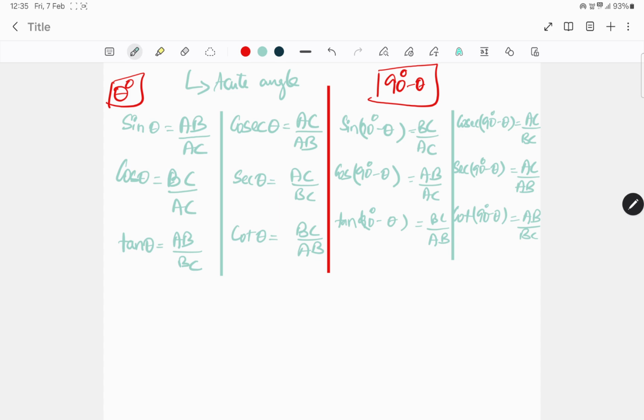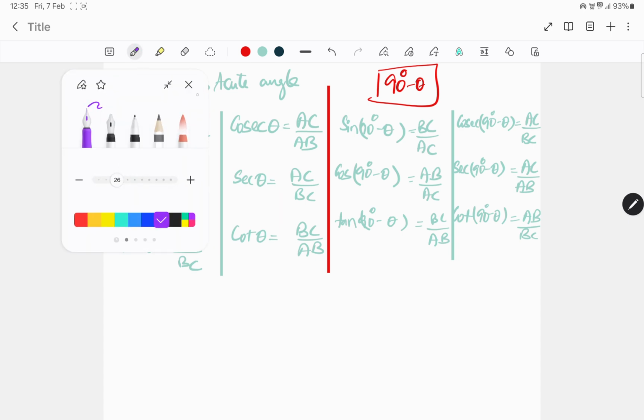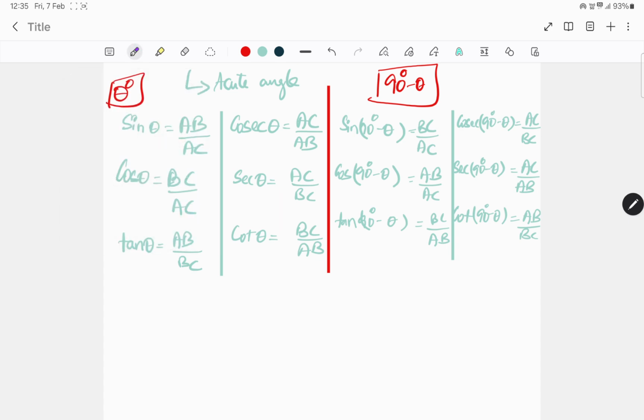By comparing, we can see that sin theta is equal to cos 90 degrees minus theta, right?